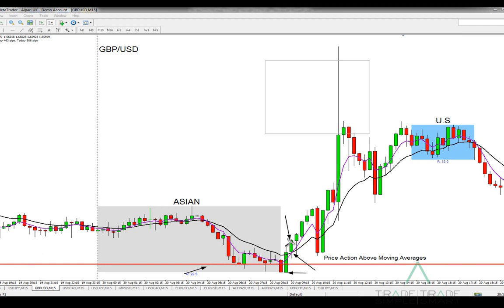Okay, so we can see that momentum to the upside, which is the expected direction after the manipulation of sell orders into the market, is taking place because we have both manipulation, we also have a cross of the moving averages, and price action is trading above both of our averages.